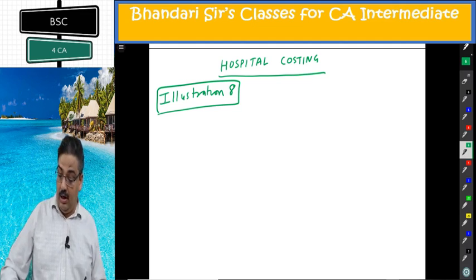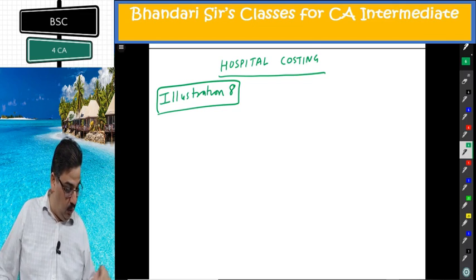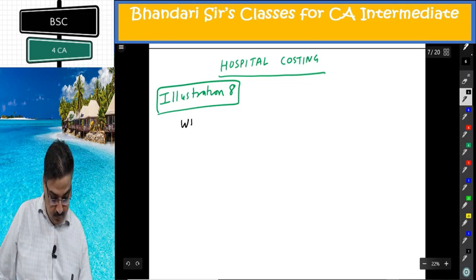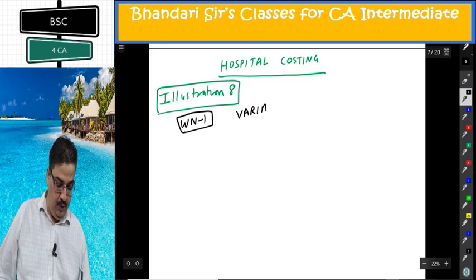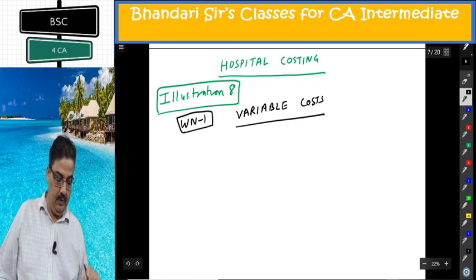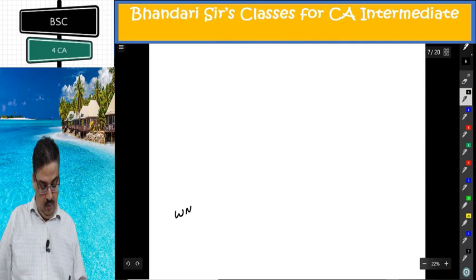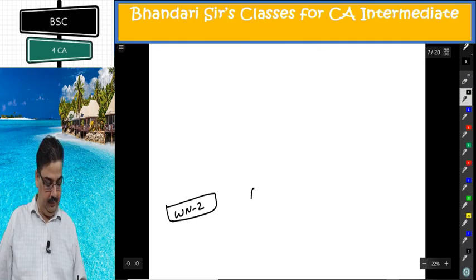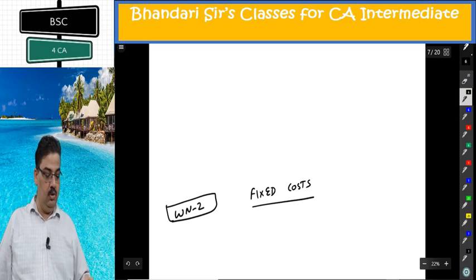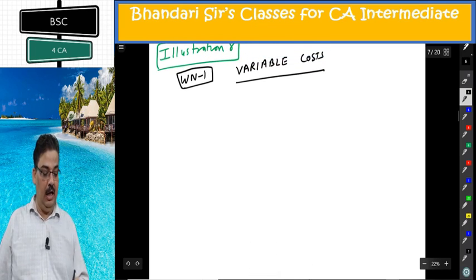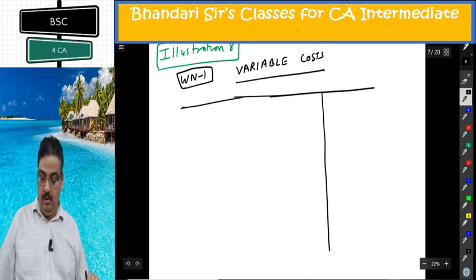So let us concentrate on working note 1, variable costs, along with working note 2, fixed costs. So I'll read the cost. If it is fixed, I'll put in working note 2. If it is variable, I'll put in working note number 1.